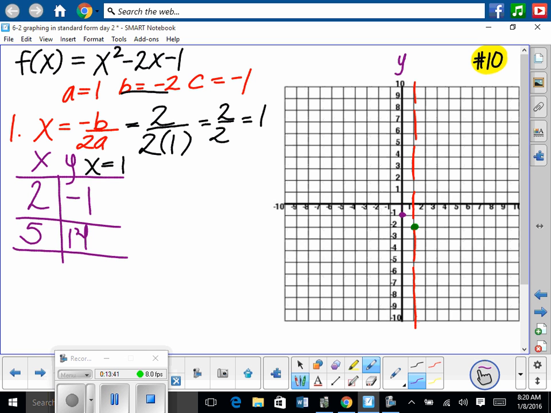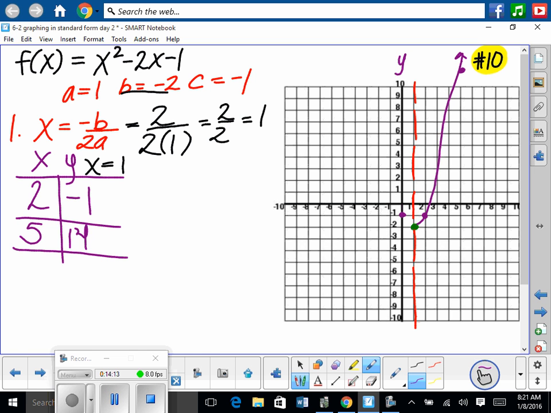So I'm going to plot those 2 other points. I'm going over 2, down 1. And then I'm going over 5, up 14. Now guys, isn't that going to be symmetric? So can we draw in this side? This parabola is going to be symmetric on this red dotted line here. So look, if that point is at 14 and it's over 1, 2, 3, 4 from the axis of symmetry, we're going to go 4 this way from the axis of symmetry.